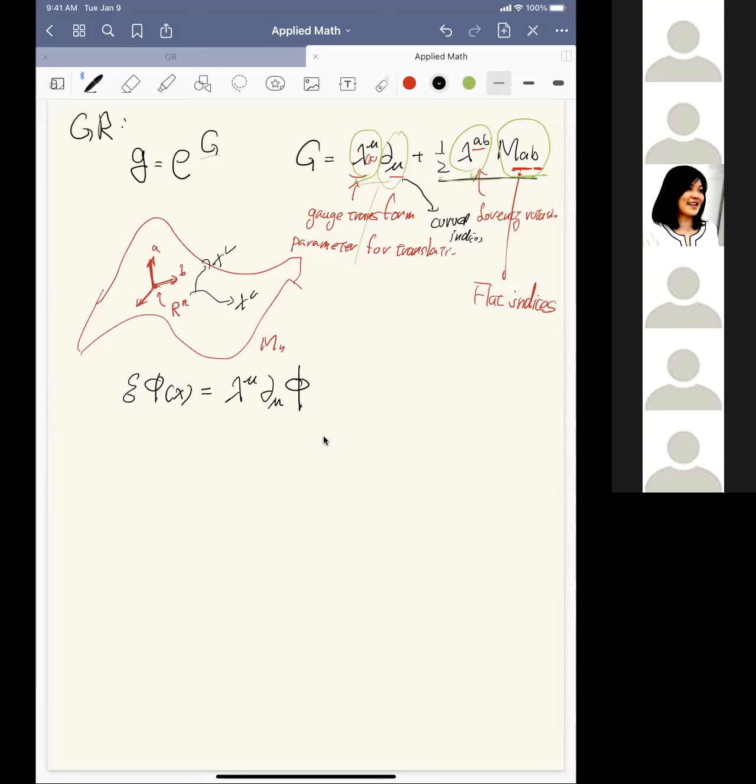Can someone tell me why I don't have any lambda AB transformation on my scalar field? I have my lambda mu transformation on my scalar field. Why don't I have lambda AB?